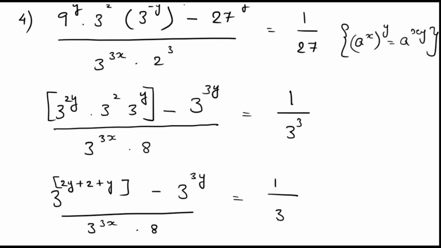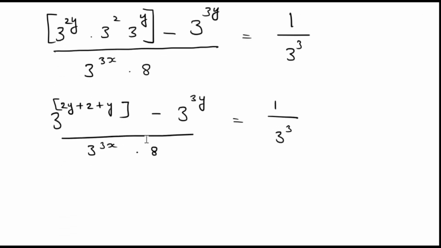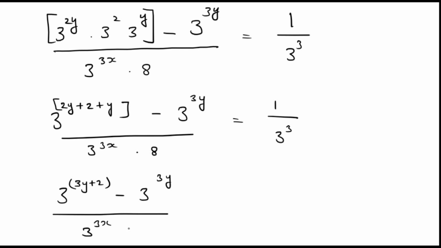Here 1 divided by 3 to the power 3. Now this 2y and y can be added. So it will become 3 to the power 3y plus 2 minus 3 to the power 3y. The whole divided by 3 to the power 3x into 8. This side is equal to 1 divided by 3 to the power 3.